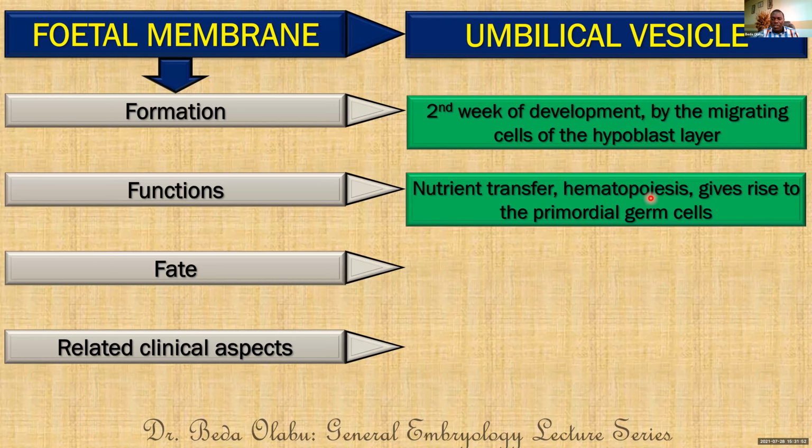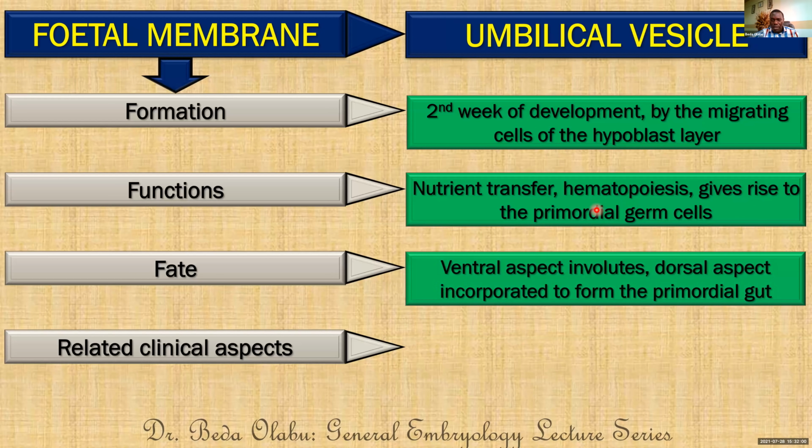It's also important as a site of formation of blood, and it gives rise to the primordial germ cells. In terms of fate, the ventral part involutes initially as vitelline duct, which is supposed to disappear completely. The dorsal part becomes incorporated to form the alimentary canal that you and I have.